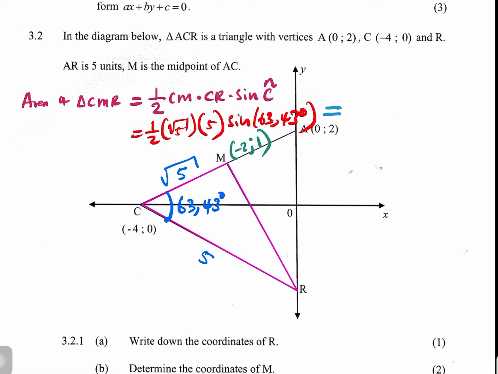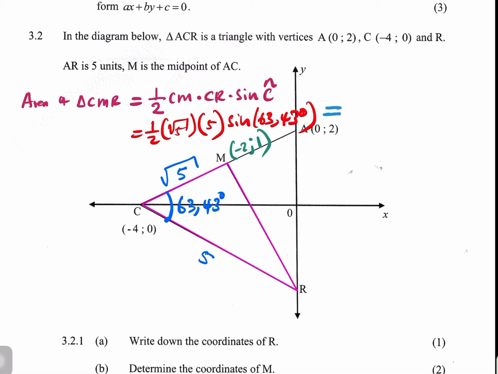So let's type that. We get 1 over 2 multiplied by root 5 multiplied by 5, multiplied by the sine of 63.43 degrees, and then I'm getting 4.999. So let me round it off to 2 decimal places.